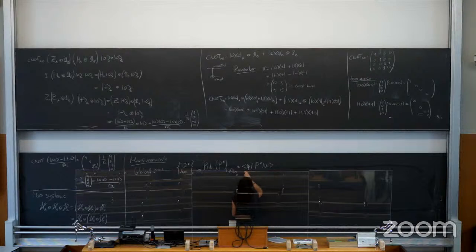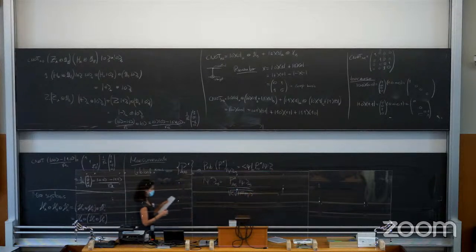The only difference is that now all of these happen like this, and the post-measurement state is still the same, right? Well, this is going to be divided by the square root of this probability, which is just PK. Okay, all with the subsystems.